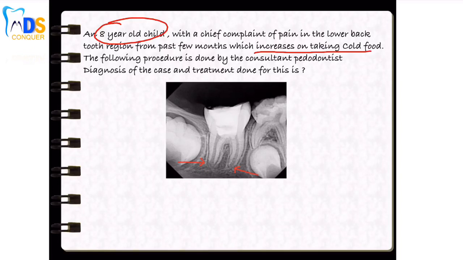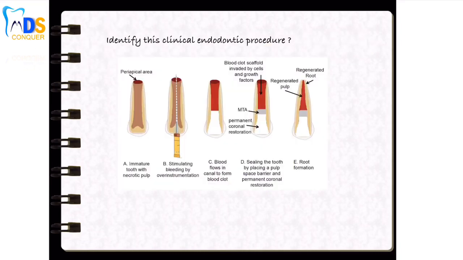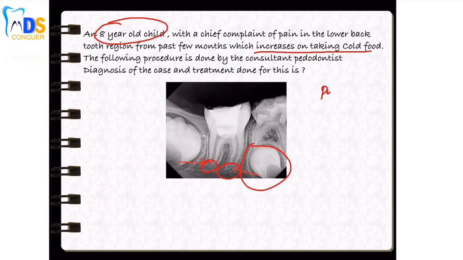For example, if you have a look at the procedure, you can see the apexes are still open, and you can see the primary tooth was yet to erupt. So this is a phase where the apexes are still open, and the procedure gives an idea that it is a pulpitis case.